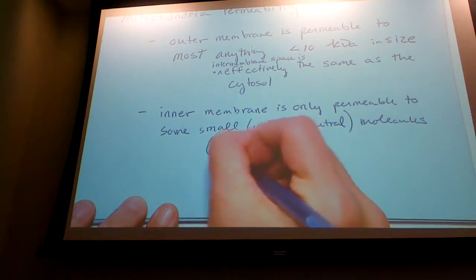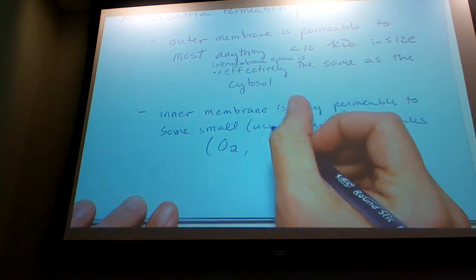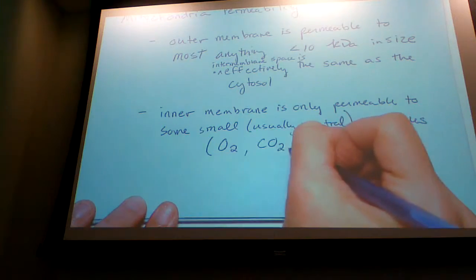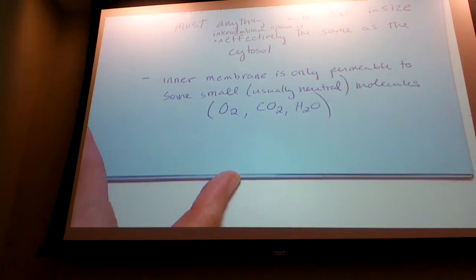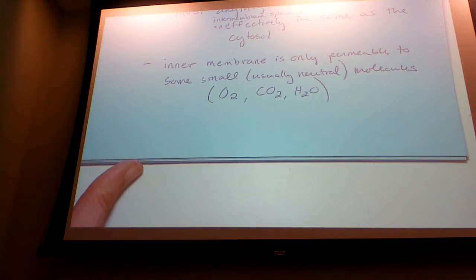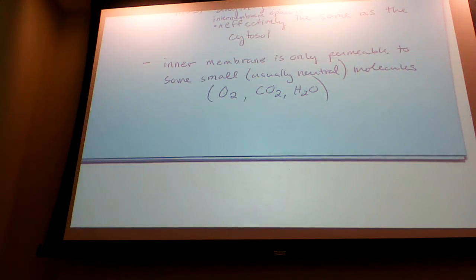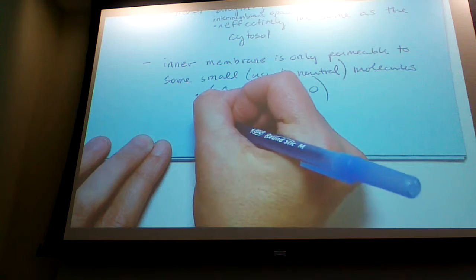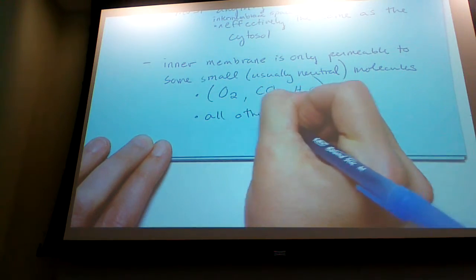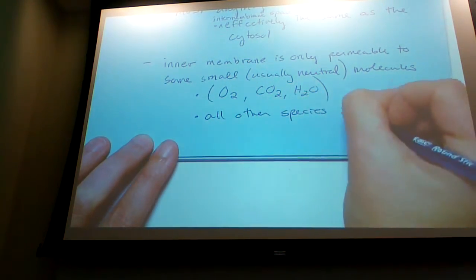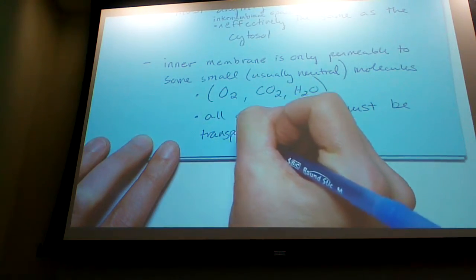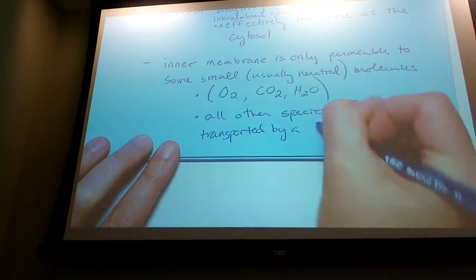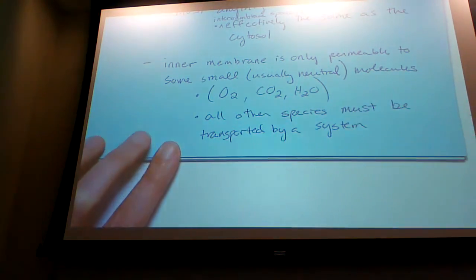Okay, and the ones to know are oxygen can pass, carbon dioxide, and water. All other species must be transported by some kind of system, and that system is going to vary.